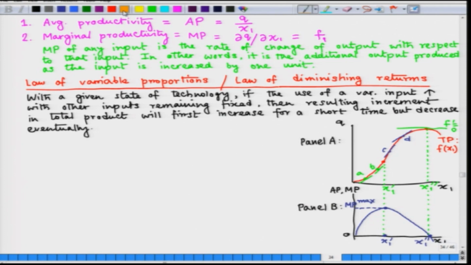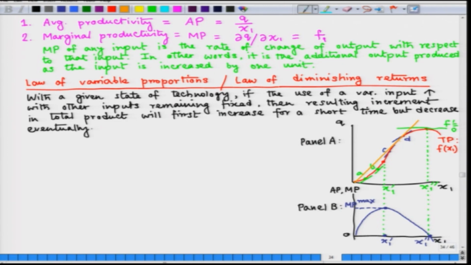So, how do we get such a straight line which basically gives the highest slope if we join a point on the production function and the origin? So, we can start from the origin, draw a straight line in such a manner that it becomes tangent to the production function.